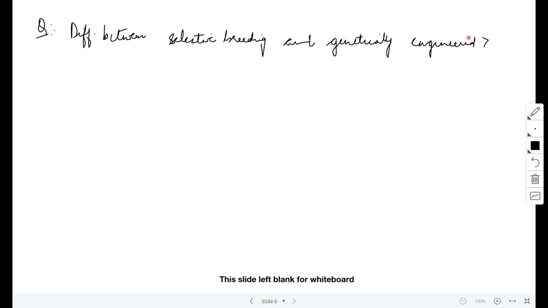You must tell me this, and you must remember the Punnett squares of the inherited disorders which we know. So you try to attempt this thing, and the rest of the portion we can cover next time: biotechnology 1, biotechnology 2, and the enzymes.